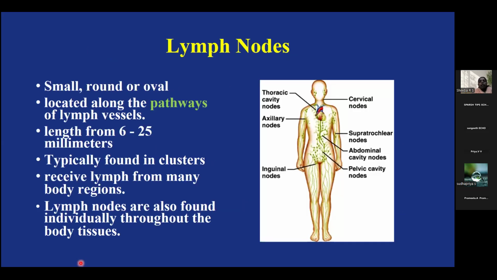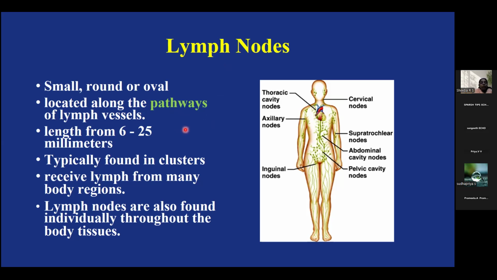Coming to the lymph organs, the lymph nodes. I said that from the interstitial tissue space, the lymphatic capillaries absorb the lymphatic fluid. It goes to the lymphatic vessels, and through the lymphatic vessels it enters into the lymph node. The lymph node structure is small, round and oval, located along the pathways of lymphatic vessels.